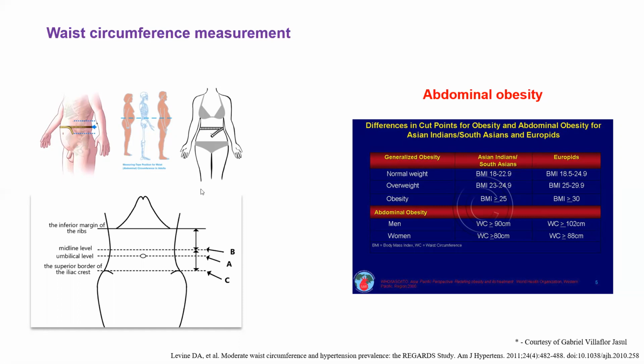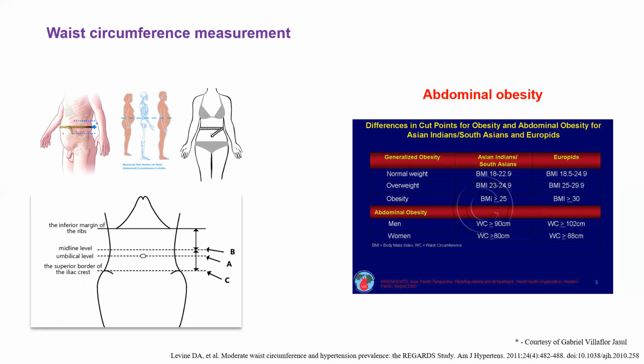The normal levels depend on sex, female and male, and ethnicity. For example, here are cut points for abdominal obesity for European patients and for Asian, Indian and South Asian patients, along with body mass index and waist circumference. So confirming abdominal obesity is also part of objective examination in patients with arterial hypertension.